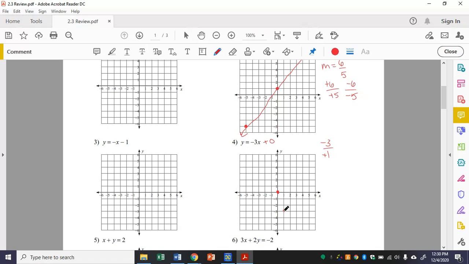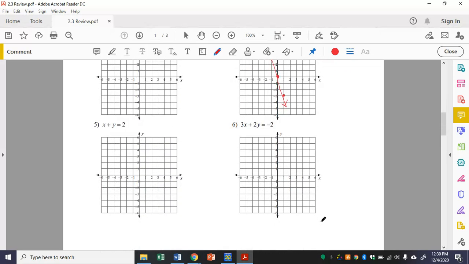So that's my first point. We could also say that negative 3 over 1 is equivalent to positive 3 over negative 1. Okay, and if we wanted to use the slope that way, we could count up 3 and then to the left 1 to get your point. Okay, and from here, again, we can go through and we can graph our equation.